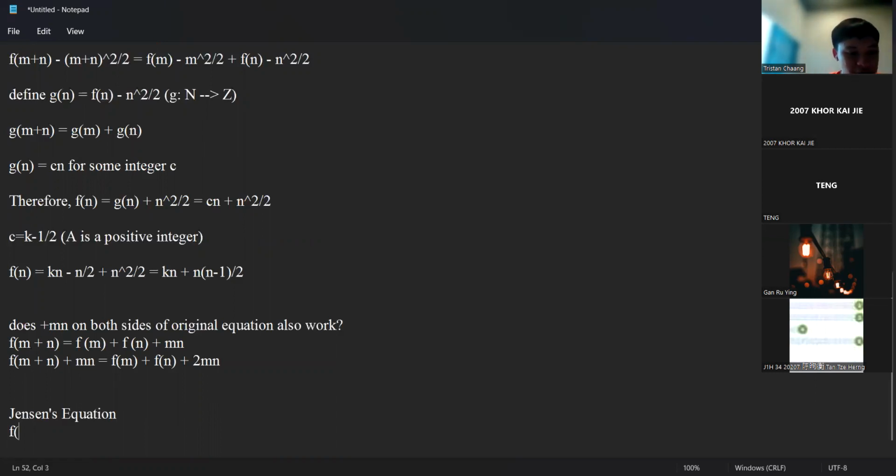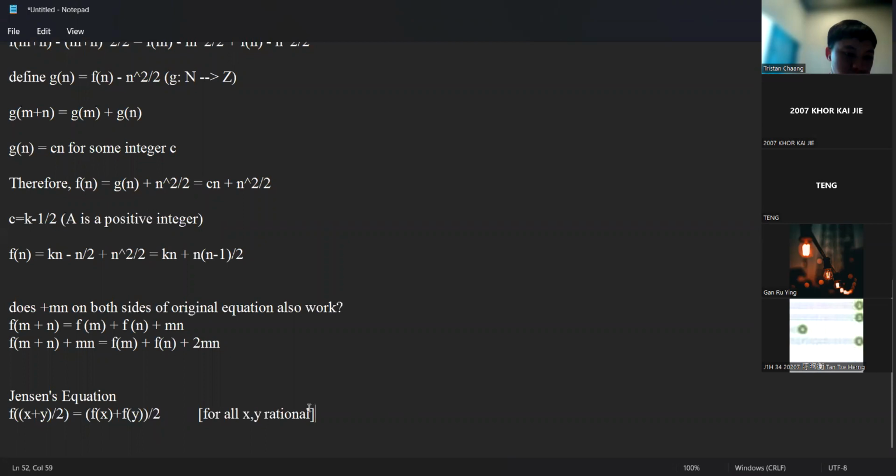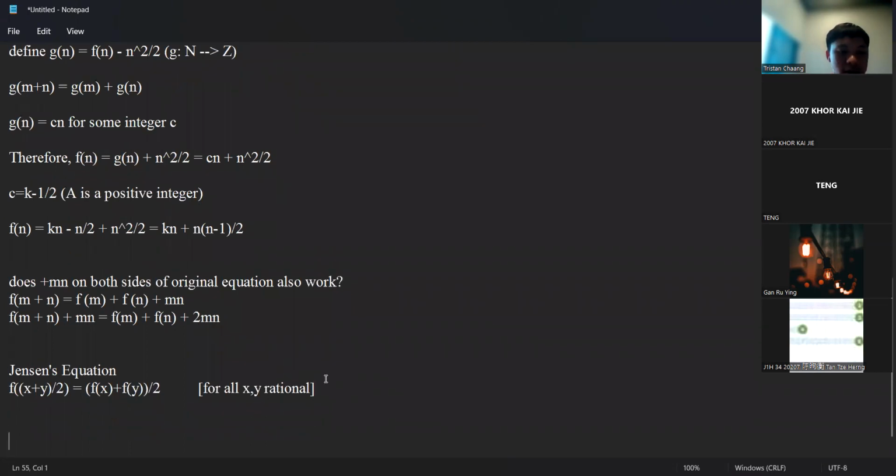So Jensen's equation is f of (x plus y) over 2 equals the average of fx and fy, for all x, y rational.